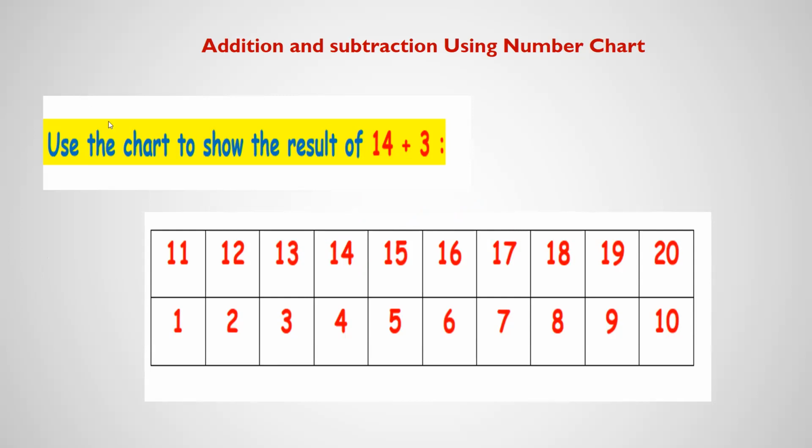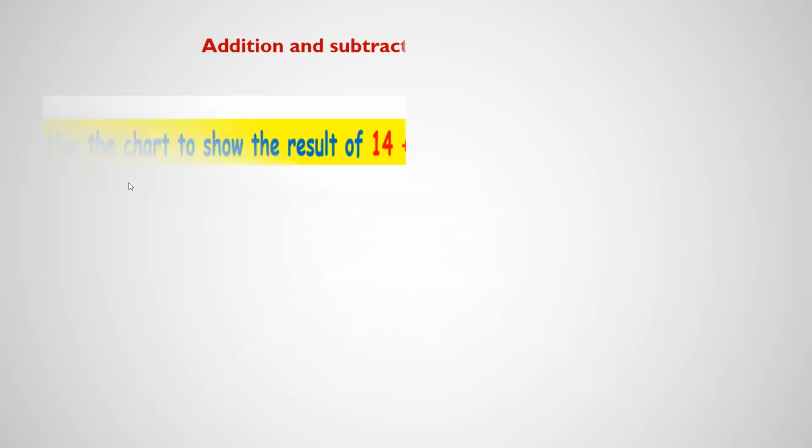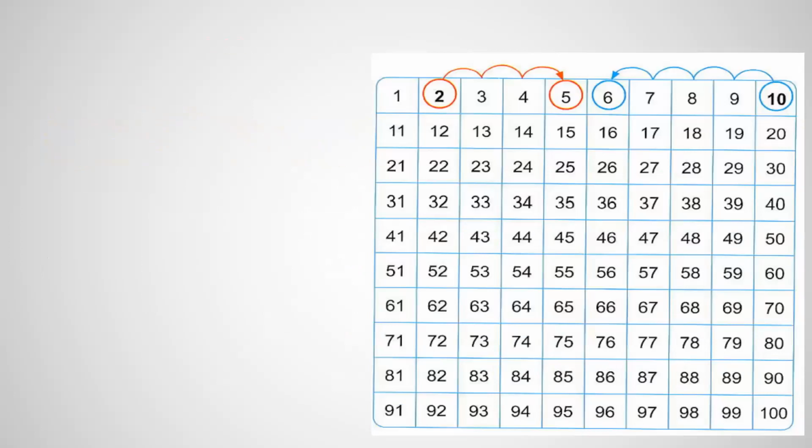Again. Here we have a number chart from 1 to 100, and I need to use this to make 28 minus 6. Step number 1, go and stop on number 28. Where is it? Can you find it? Yes, here it is, 28. Can you remember that? Minus means what? Subtraction or minus means go back or forward?